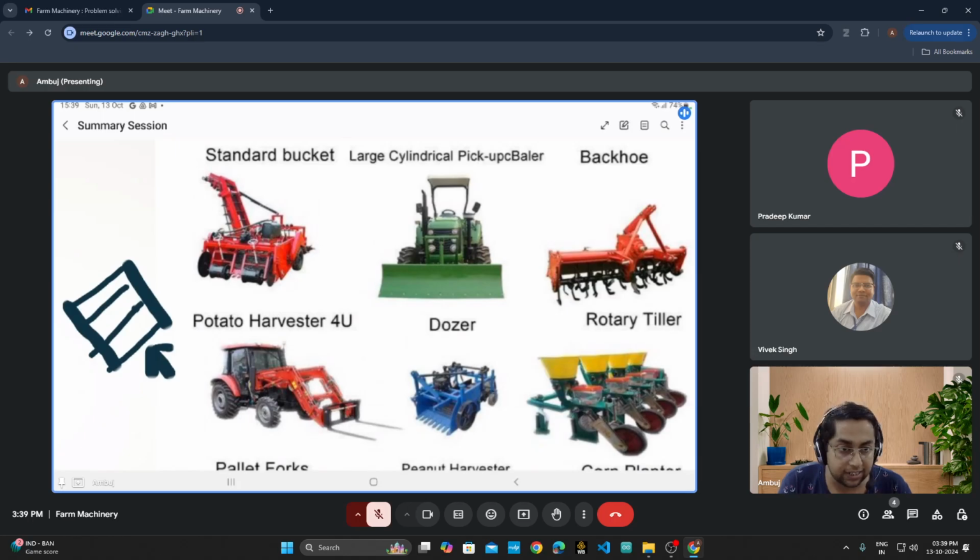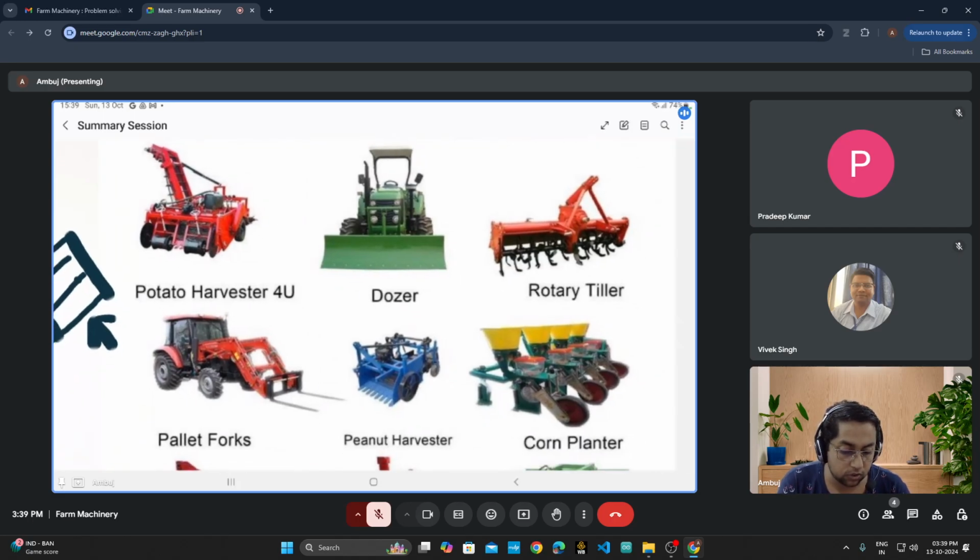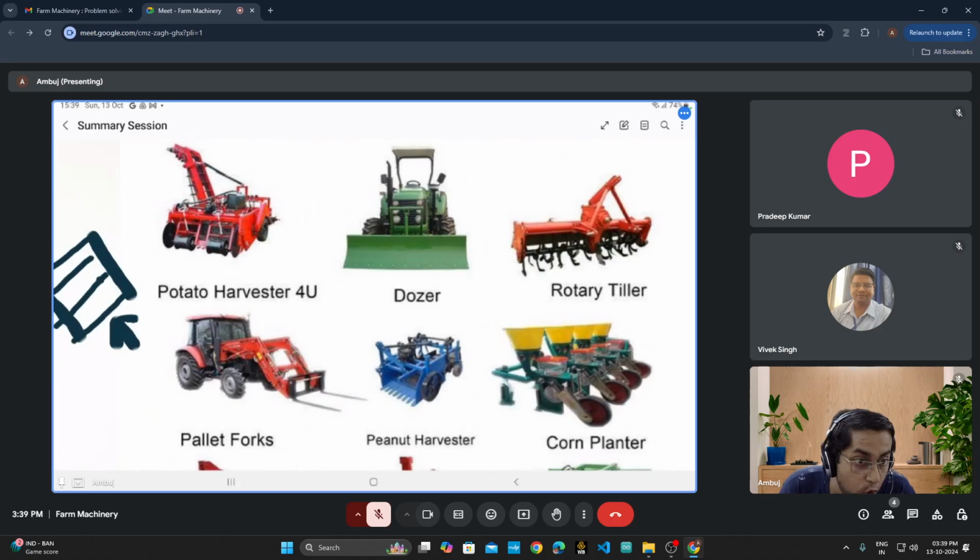So cleaning is also taking place, as well as storage, inside a potato harvester. Then your dozer is there. I already talked about it in great detail. Then this particular attachment is the rotary tiller, or rotavator. Rotavator is the commercial name, but rotary tiller is the technical name of this implement.